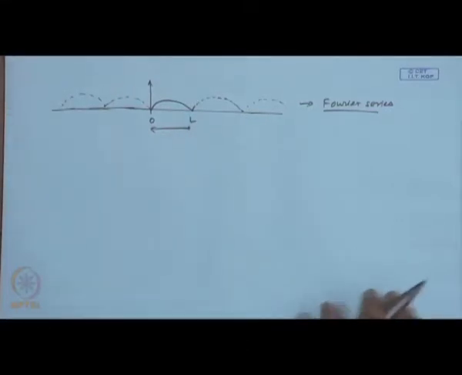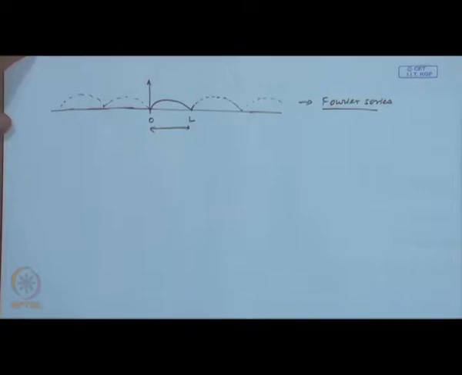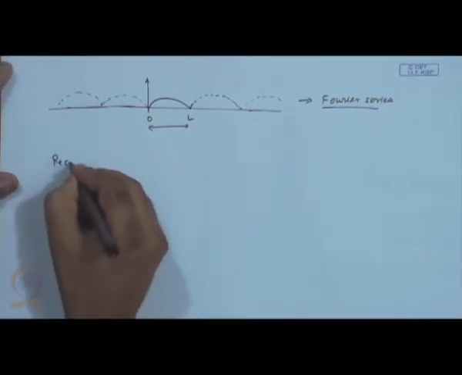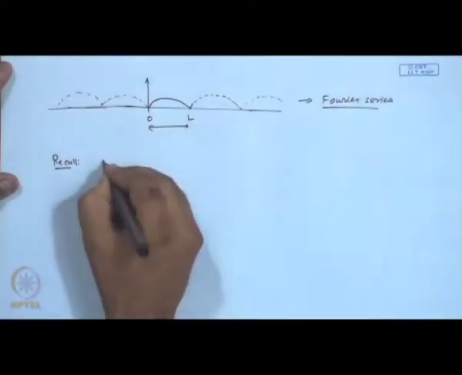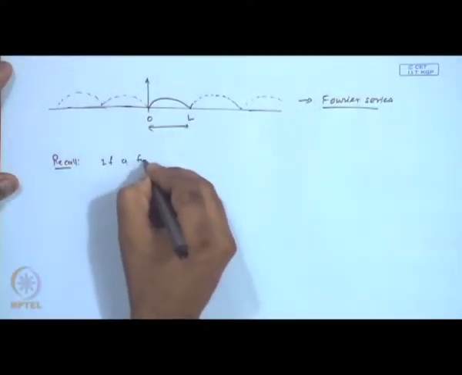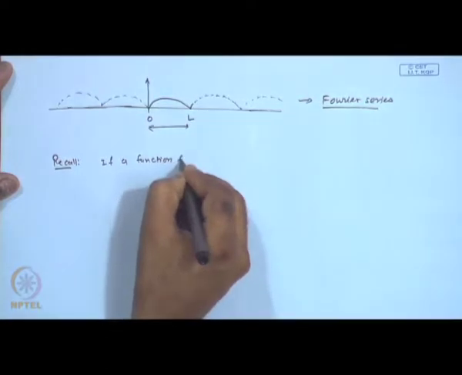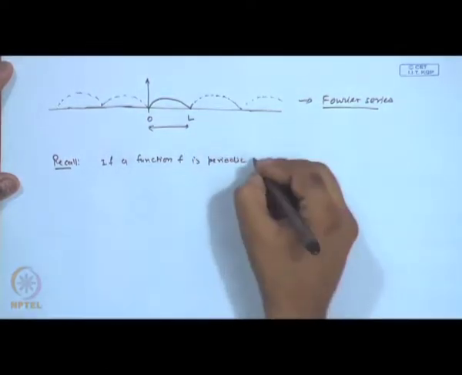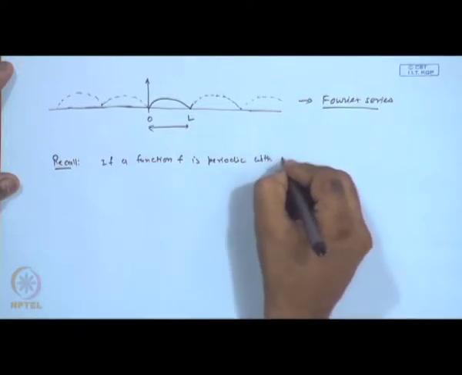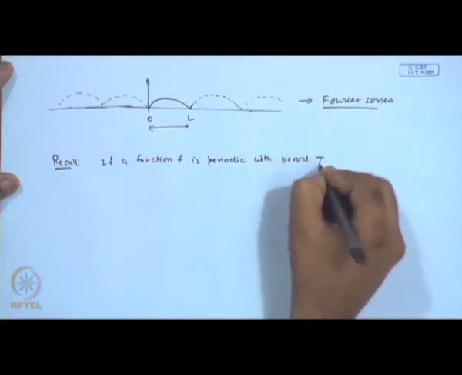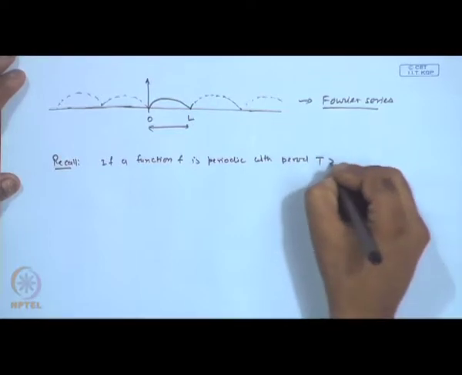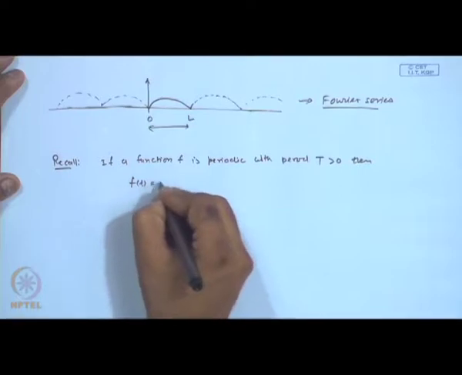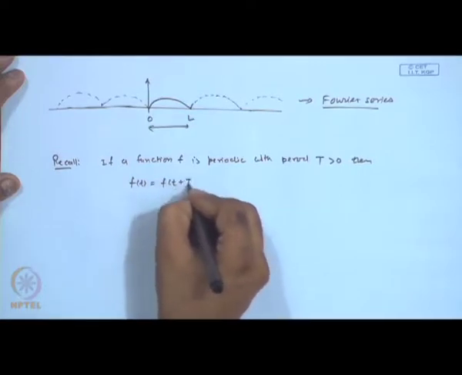So, since we will be talking about the periodic function, let us again recall this. If a function f is periodic with period T, then we have f(t) is equal to f(t plus T).